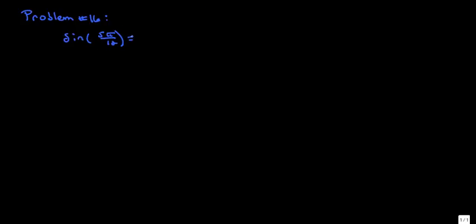If I've got 5 pi over 12, let's just look at that. Okay, so this is not equal, so let's just put an arrow here. Remember that 5 pi over 12 is really 3 pi over 12 plus 2 pi over 12.